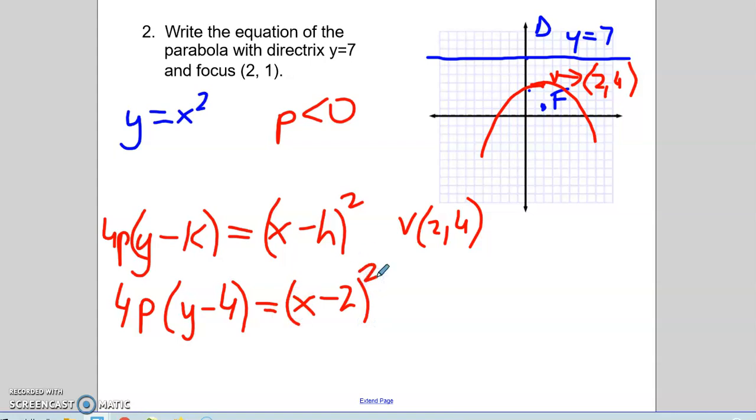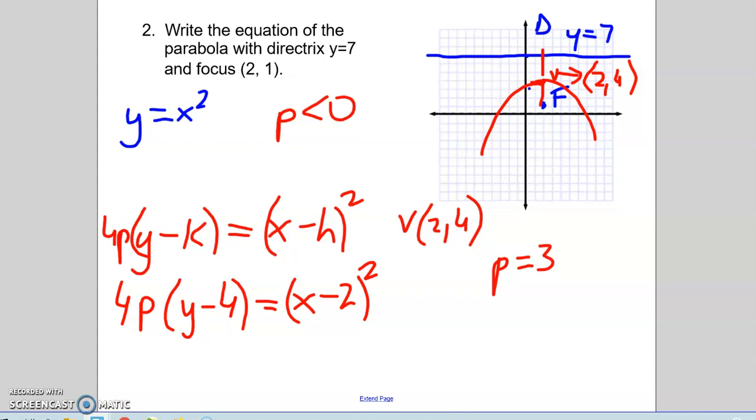All right, so I still need p here. From my vertex to the directrix looks like it's 3, and from the vertex to the focus also is 3. So my p value is equal to 3. Now remember, it's downward facing, so that's going to be negative here. We can say p is equal to negative 3.